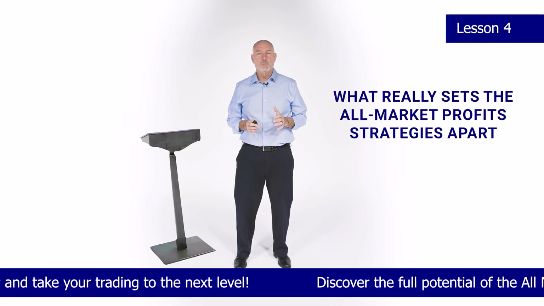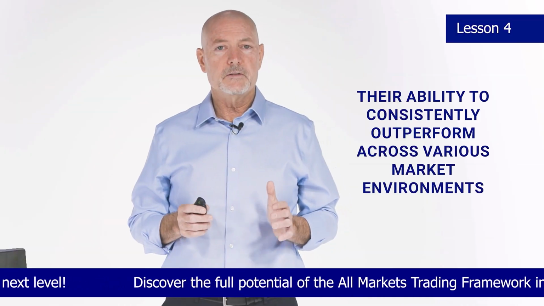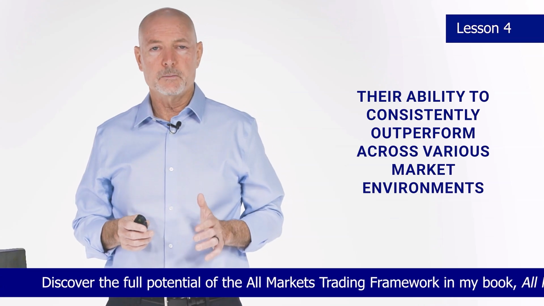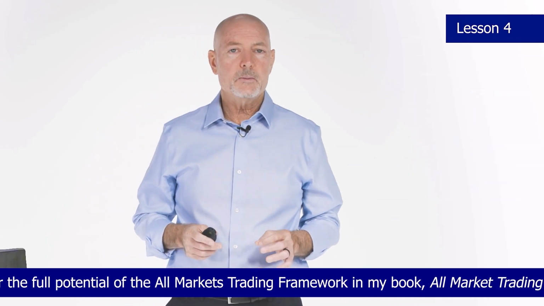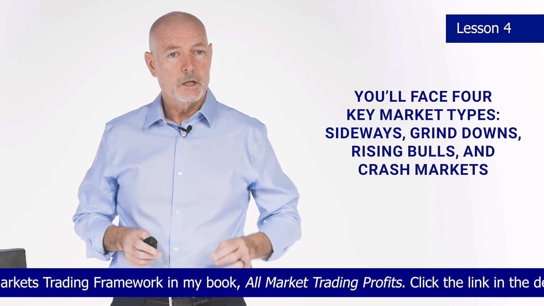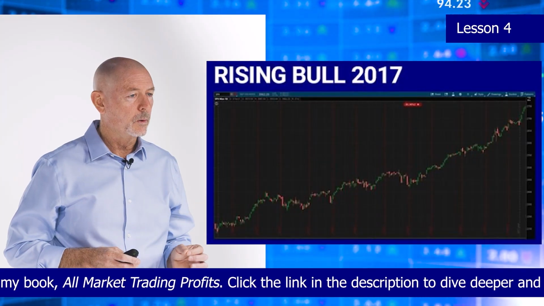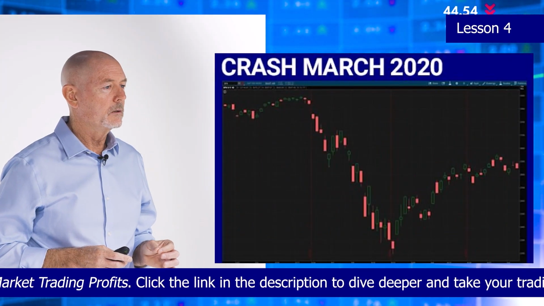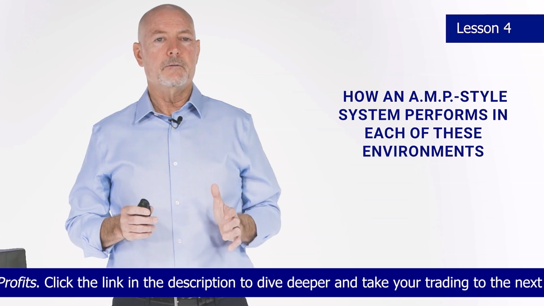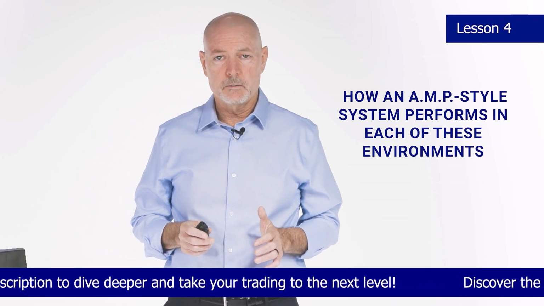Now let's discuss what really sets the All Market Profits strategies apart: their ability to consistently outperform across various market environments. As an option seller, you face 4 key market types: the sideways market, the grind down market, the rising bull, and the crash market. Here's a quick breakdown of how an AMP style system performs in each of these environments.